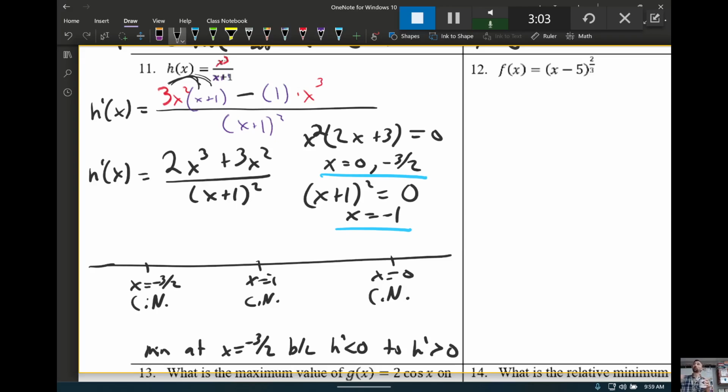So we got to test around those 3 places so that we can see where it's going up and down. But of course, this is where it should be quite a bit easier. The hardest part of this question is the quotient rule, which you've been practicing for weeks, if not a month at this point. Solving the numerator for 0 and the denominator for 0. Again, it's not always easy, but at least it's not calculus.